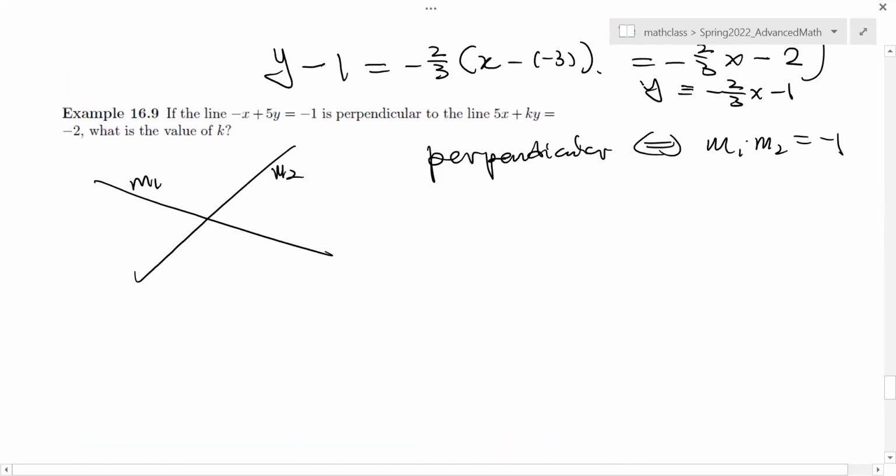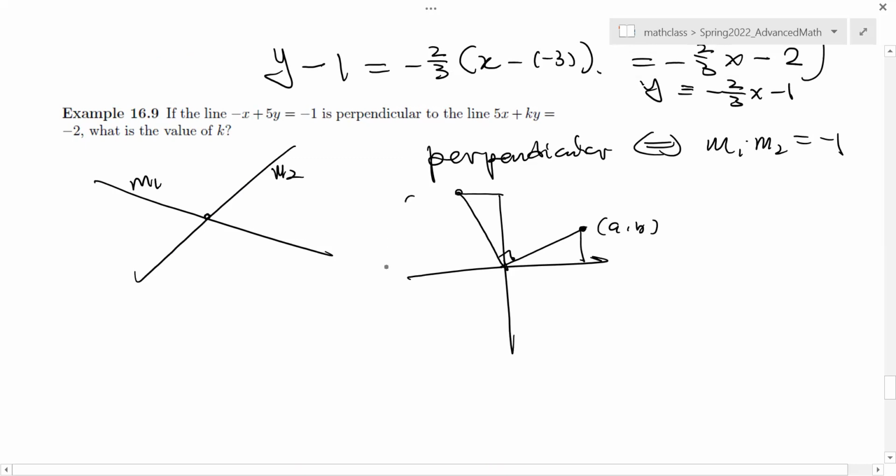Why is this true? You can assume this is at the origin. Okay, so I'm going to show you why when they are perpendicular. So this is a point A, B, right? Perpendicular means this, and the same triangle is just rotated here.